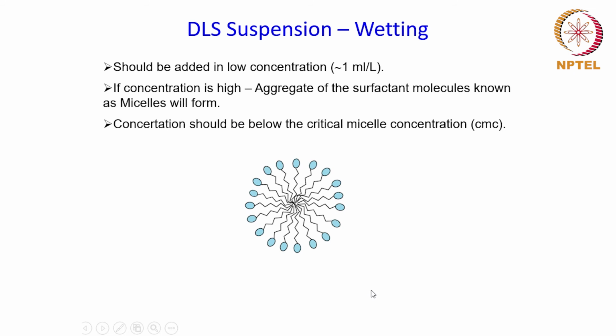Now, I was mentioning the importance of the concentration that you need to maintain when the surfactants are added. They should always be added in low concentrations. For example, a typical concentration could be 1 ml per liter of the solution. So what is going to happen if you have high concentration?